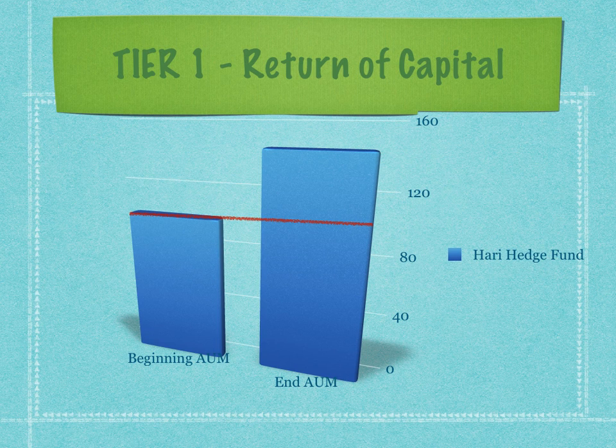The initial capital contribution by the LPs is returned back to the investors. This is very important to understand. So that is marked in the red line over here. Initial capital, everybody gets back their initial capital.